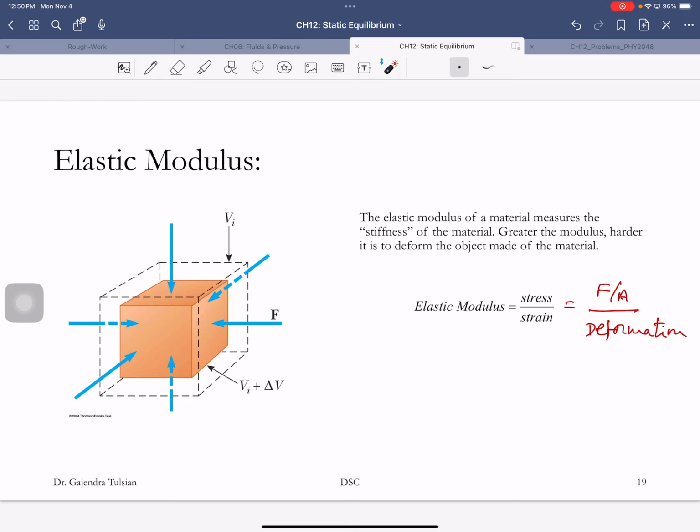For a given stress, for a given force, if the deformation is smaller, the elastic modulus is higher. Higher the elastic modulus, stiffer the material, and generally stronger the material. It's harder to deform it.